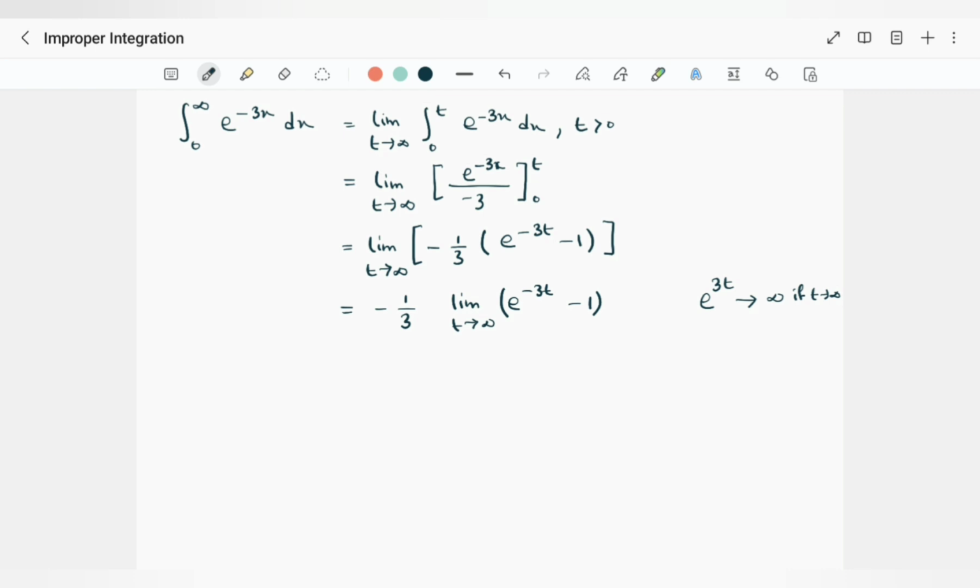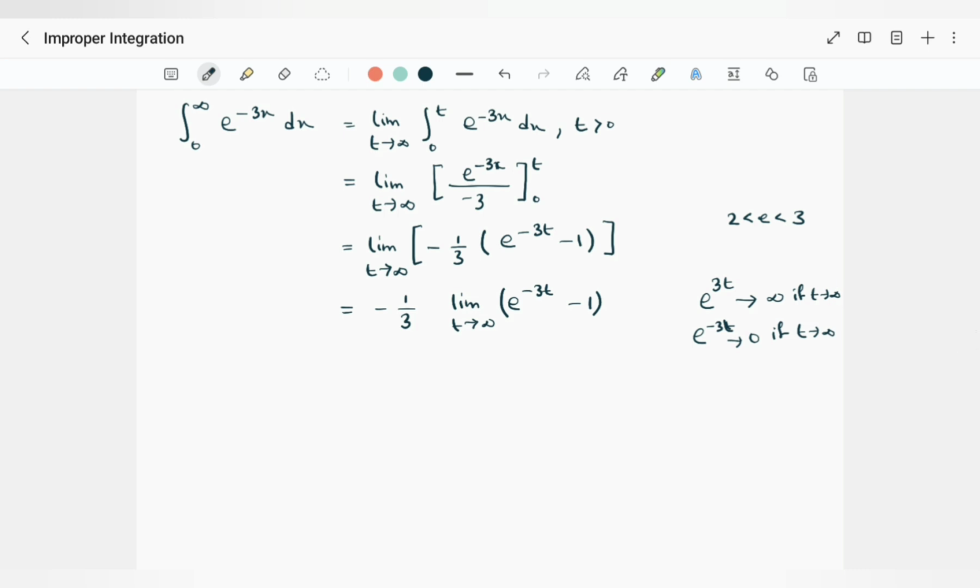So e to the power minus 3t obviously tends to 0 if t tends to infinity, right?